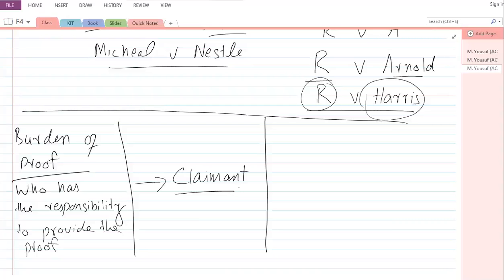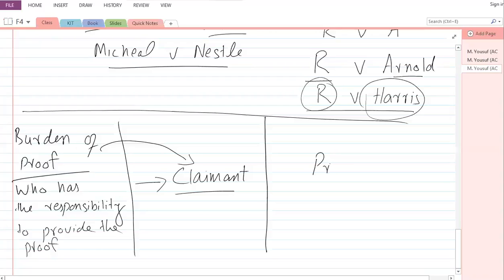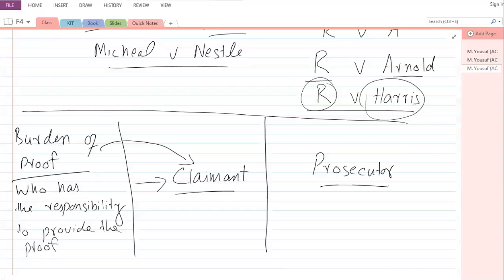So the burden of proof is on the claimant in civil cases, whereas in criminal cases it is the responsibility of the prosecutor. The prosecutor is responsible to provide proof to the court that Mr. A was involved in a crime.